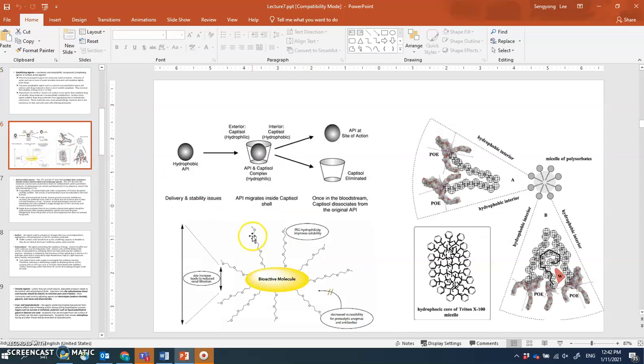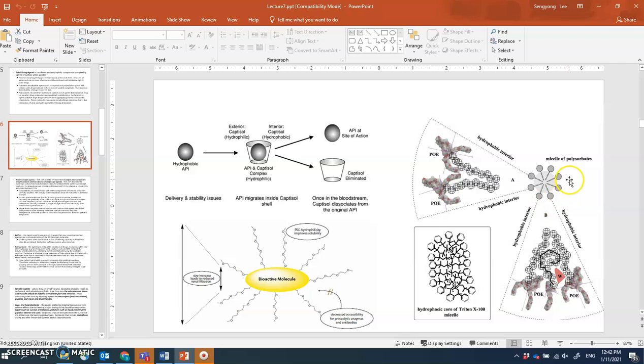Again, a hydrophobic part of Tween 20 or the other one, like Triton X-100, can bind with API, but on the opposite side they have a charged part, so that can also be amphiphilic, and they can deliver the drug to the target site.